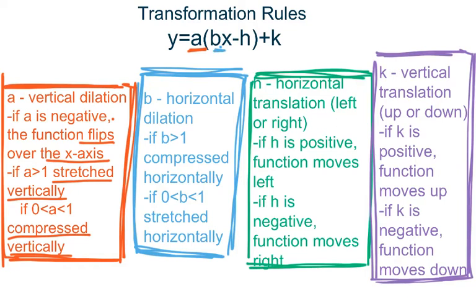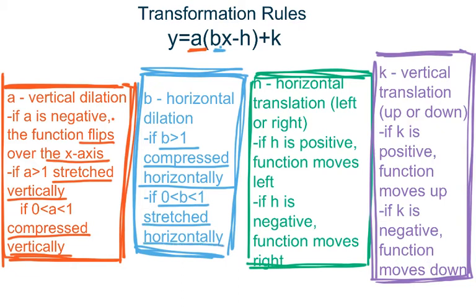Alright, so if there is a parenthesis or an absolute value bar, or just think if there is a number in front of x, here's the things that can happen. If that number is greater than 1, we say it's compressed horizontally. If that number is between 0 and 1, we say it's stretched horizontally.